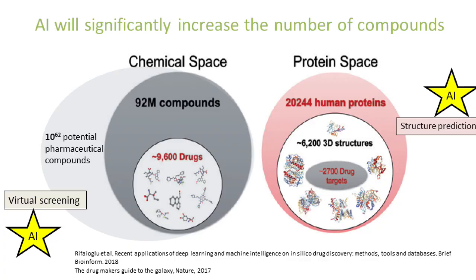And this is what is represented in the big bubble in the chemical space. In fact, it has been estimated that there are 10^62 potential pharmaceutical compounds given all the possible pharmaceutical structures. And virtual screening is currently exploring this space to provide us with new compounds targeted to altered proteins.